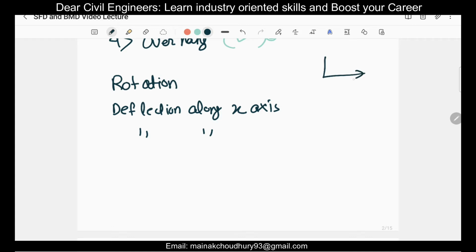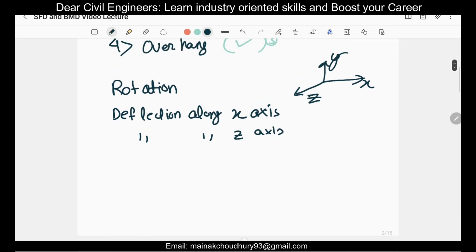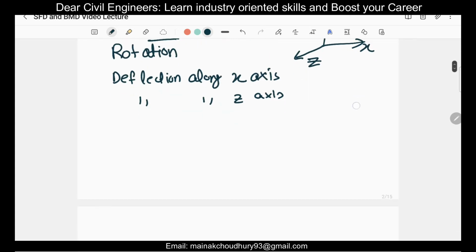If this is x, and the other direction perpendicular to x, I say this is z and this is y, the z axis. So these are the three things which are going to happen in a joint. I'm talking about a joint here. Three things.